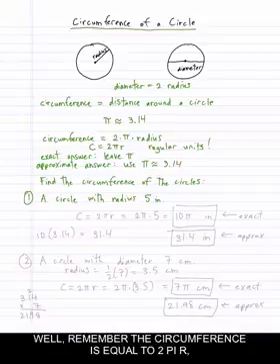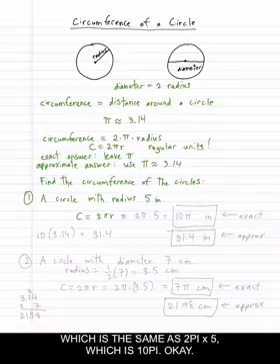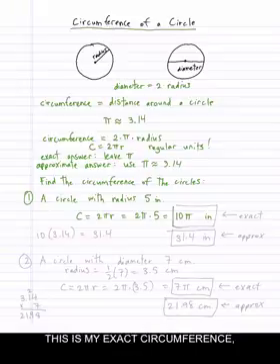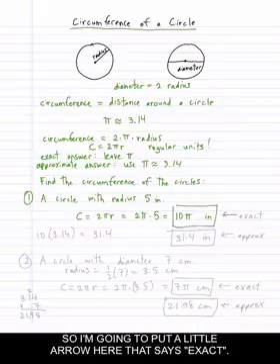Well, remember the circumference is equal to 2 pi r, which is the same as 2 pi times 5, which is 10 pi. Okay, that means that 10 pi inches, remember, don't forget the units, this is my exact circumference. And so I'm going to put a little arrow here that says exact.